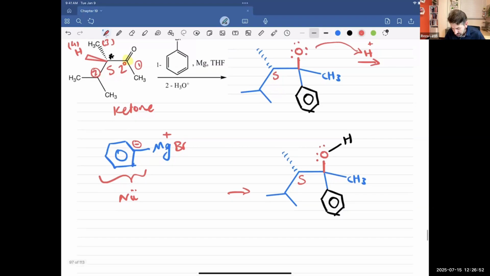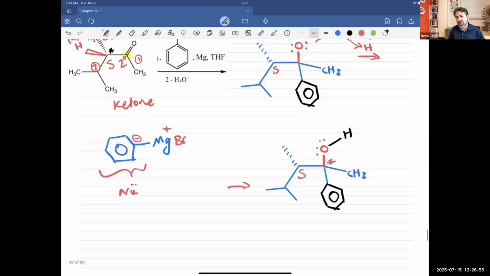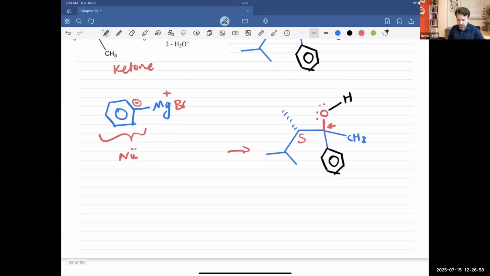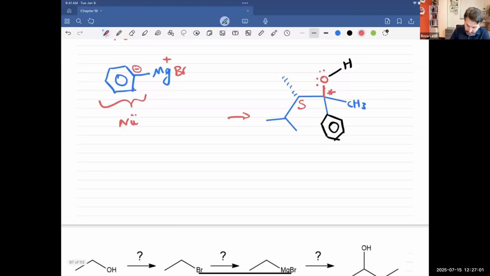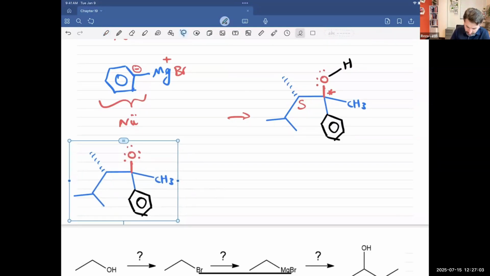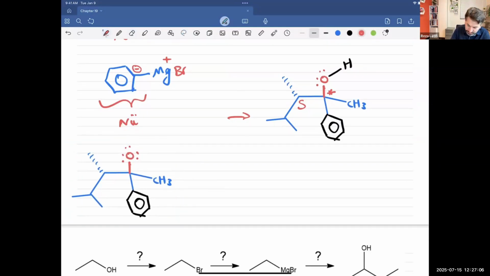Now, we got a new chiral center, and that's going to be the new chiral center. The new chiral center can be R or S. So I will get these two molecules. I'm going to redraw it. So I can have OH facing toward us or the back of the molecule. So in one case, we can draw OH facing toward us.